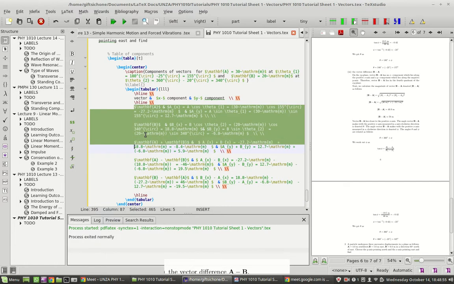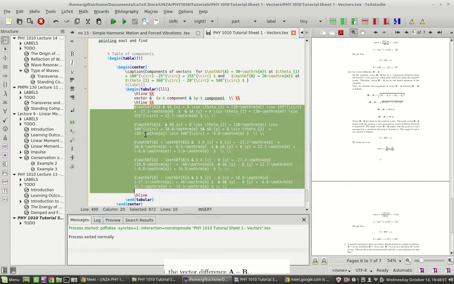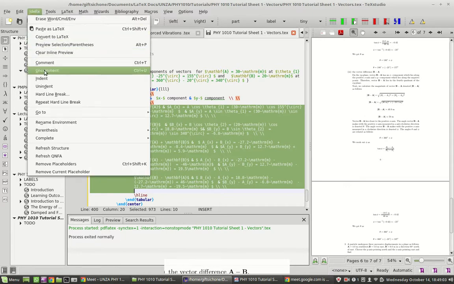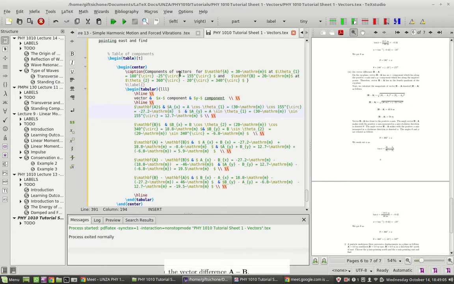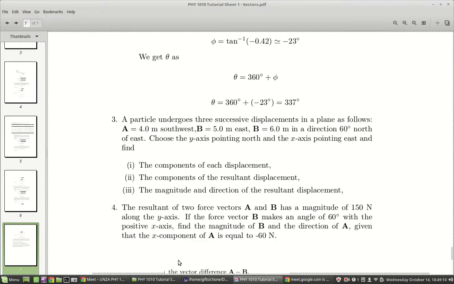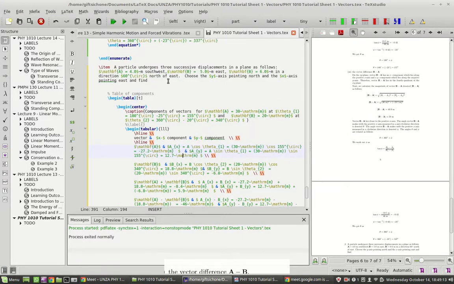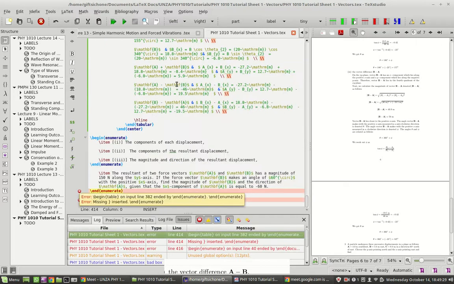Just a minute. We have got vector A, there is B, and there is C. Three of them, A, B, and C. What has happened?